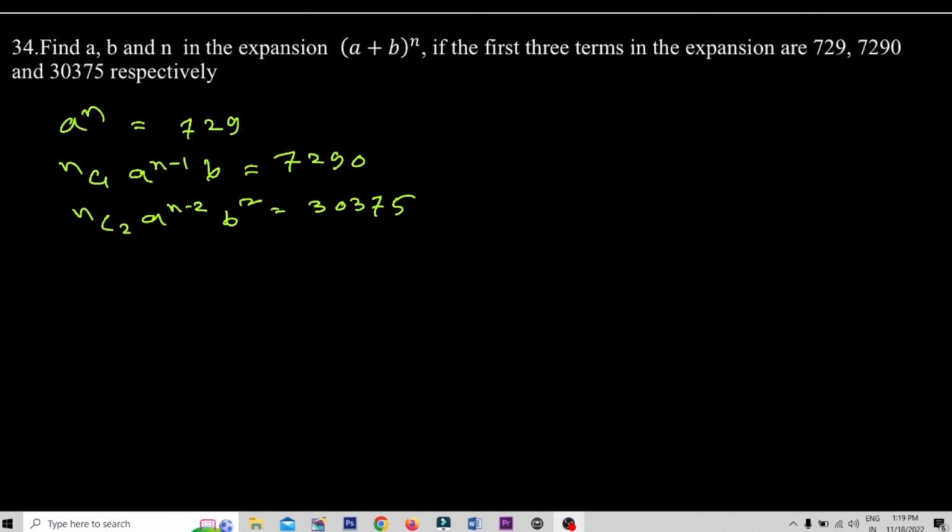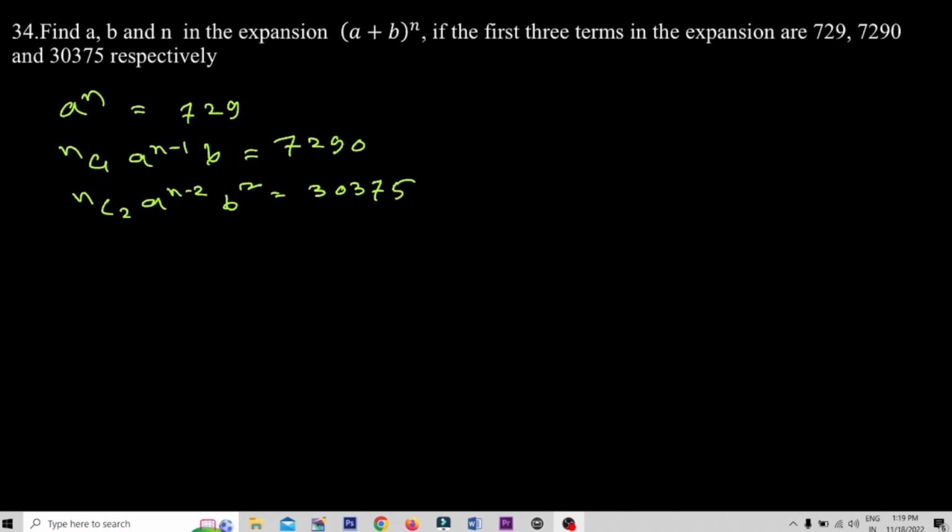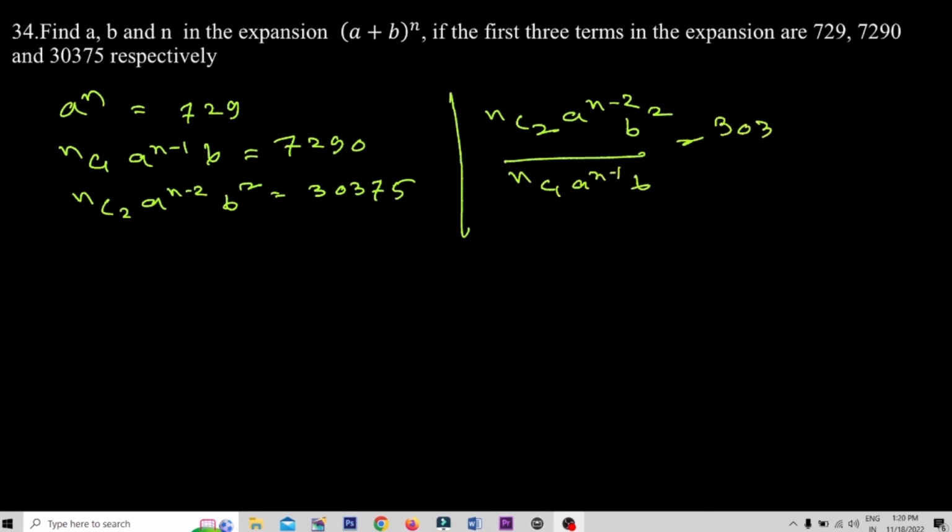Let us divide the third equation by the second equation. We get nC2 a to the power n minus 2 b to the power 2 divided by nC1 a to the power n minus 1 b, equal to 30375 by 7290.